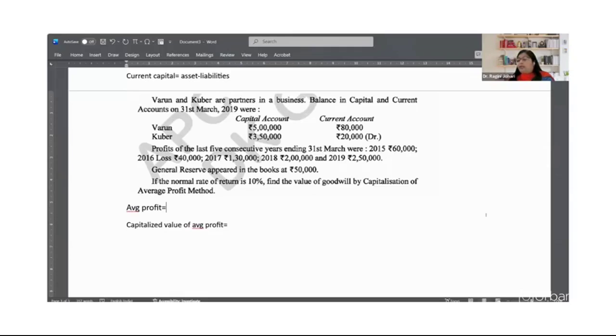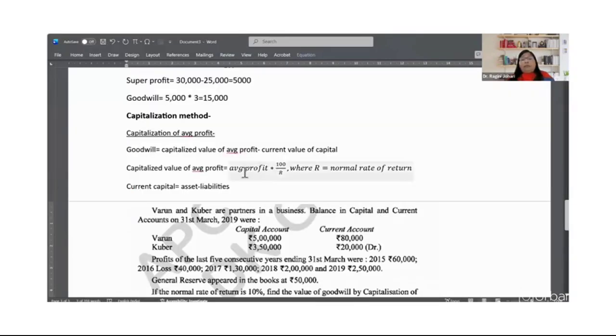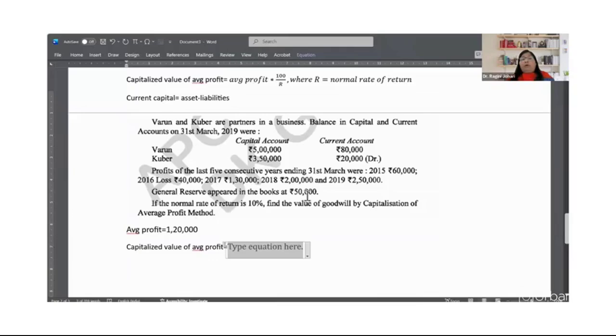This comes to 6 lakhs divided by 5. So average profit is 1,20,000.